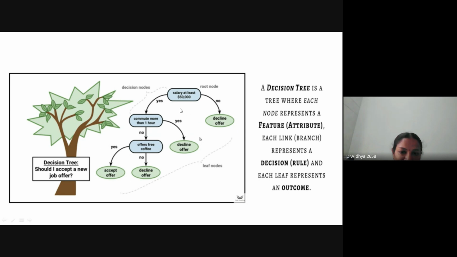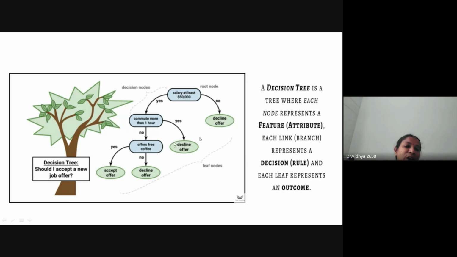You can look at this example too. So you are getting a job offer. In that, you can take a decision whether you wish to accept the offer or decline it. Based on metrics like salary and various other incentive schemes, and also the facilities they are providing, including travel and various other amenities, you decide to accept or decline the offer.